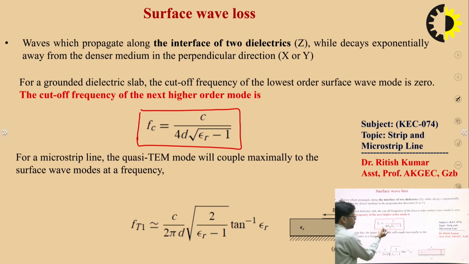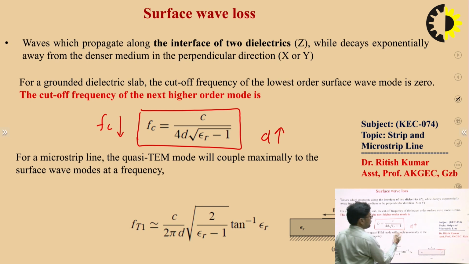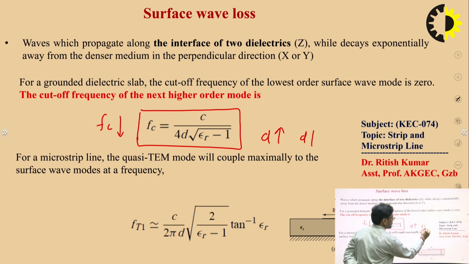So this is the formula for the cutoff frequency of the surface wave mode, right? You can clearly see here, if you increase the d, fc will become less. So to decrease the surface wave mode, we need to take d as small as possible, right?